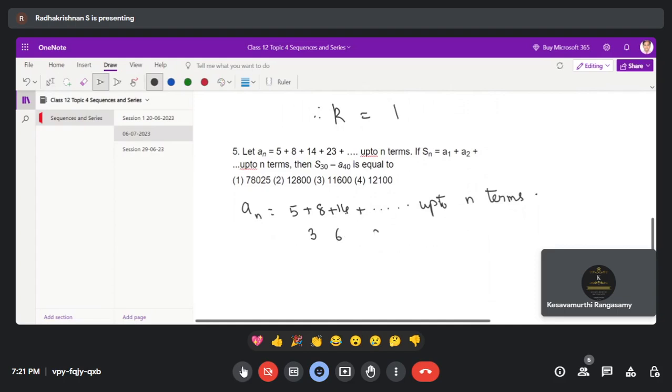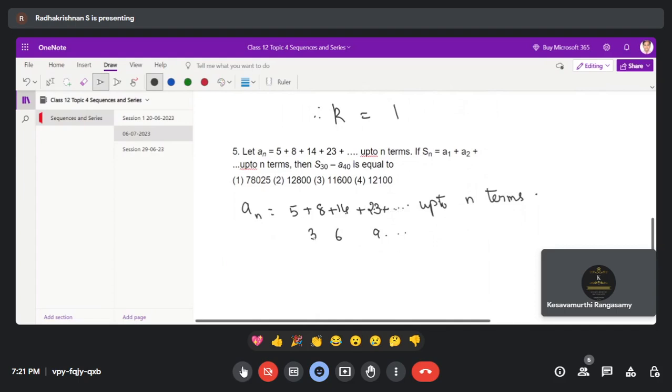Next two terms, the difference. So the common difference is also not constant, the difference is differing.